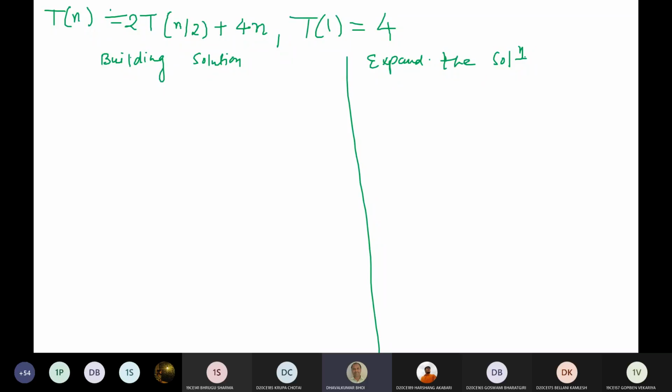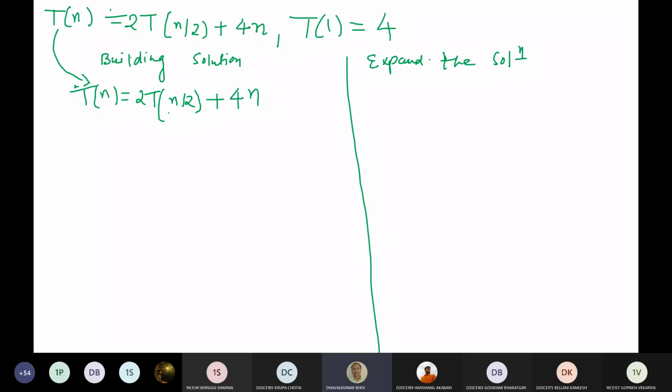While you are building the solution, you have to write the equation here as it is. So T of n is equal to 2T of n divided by 2 plus 4n.